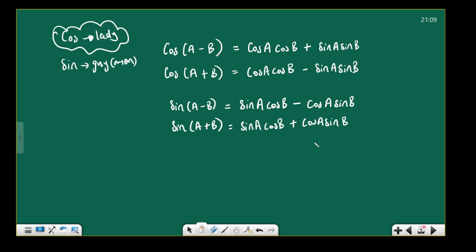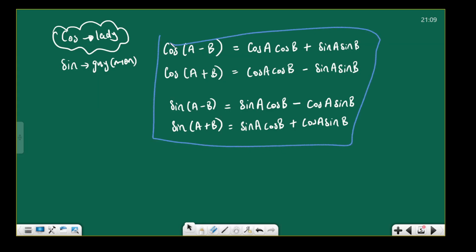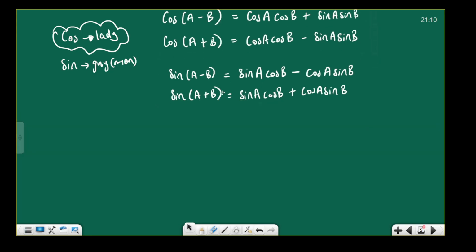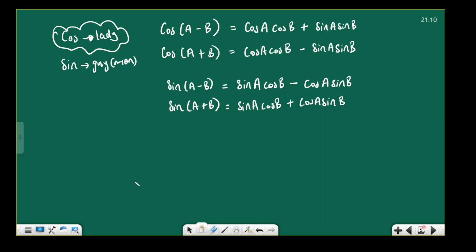And then now, how do we use the formulas? Using them is quite easy, if you remember the formulas. So let's say we have cos of 60 degrees plus x. What you would need to do there is say, it's a lady, so it will be cos 60 degrees and then cos x.